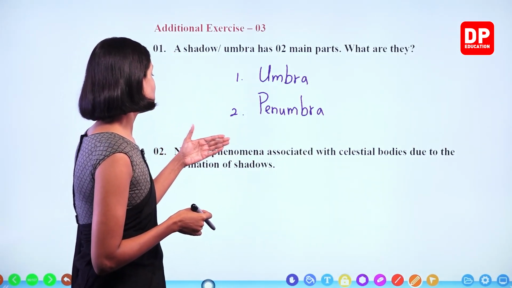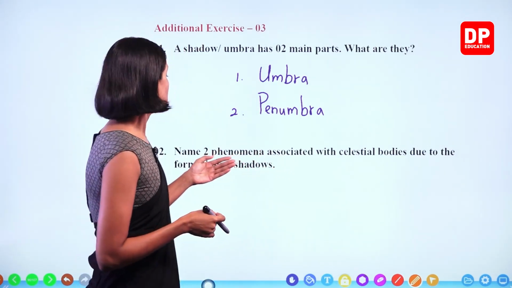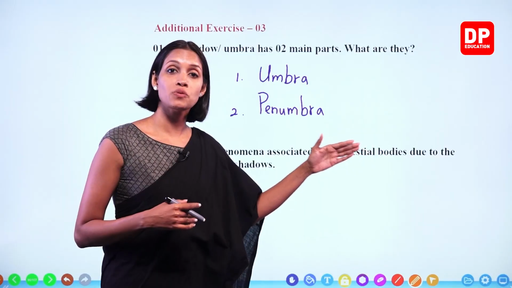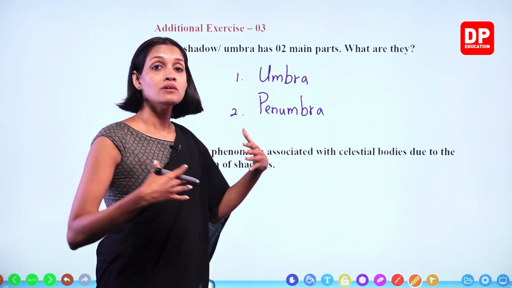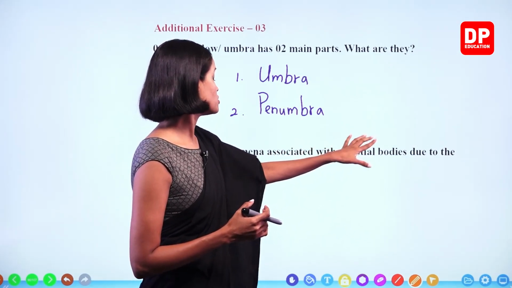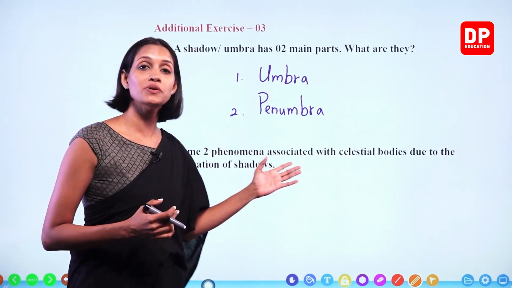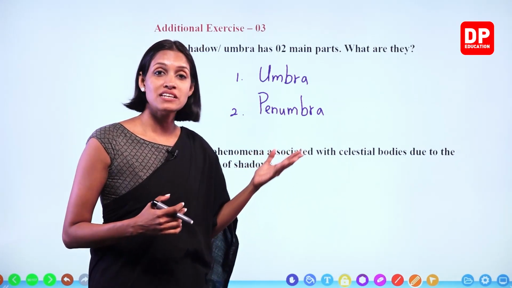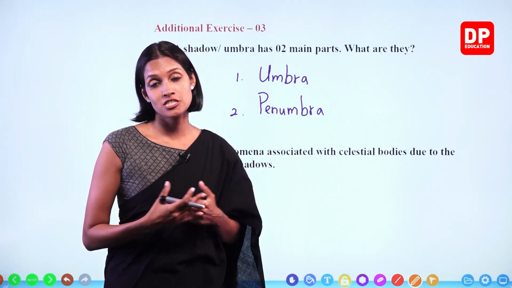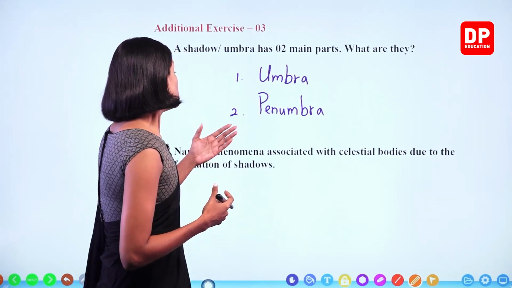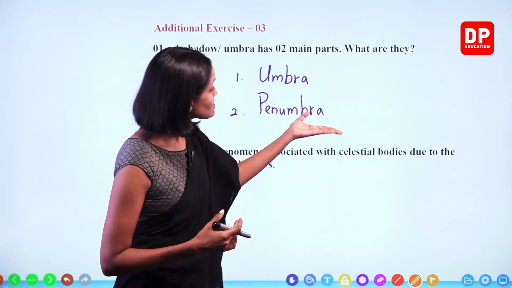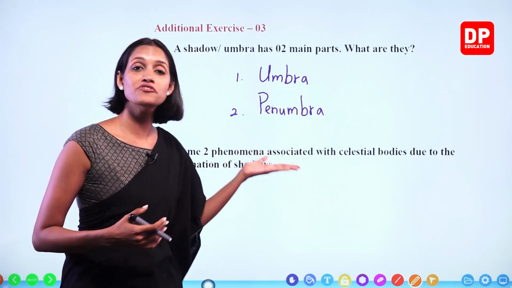Name 2 phenomena. Phenomena means incidents. Name 2 phenomena associated with celestial bodies, which means objects present in space, due to the formation of shadows. What is this, children? Celestial bodies means the objects like stars, planets, etc. So what are 2 phenomena associated with celestial bodies due to the formation of shadows?